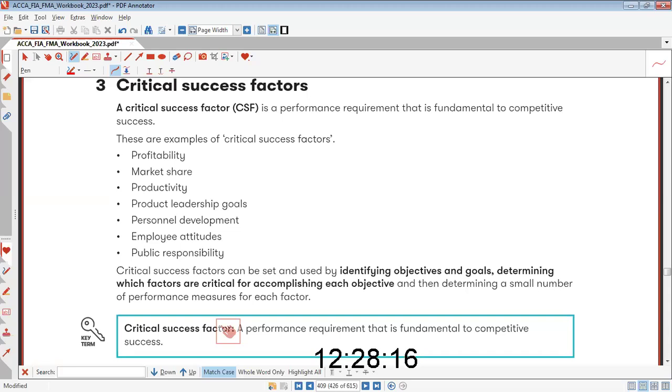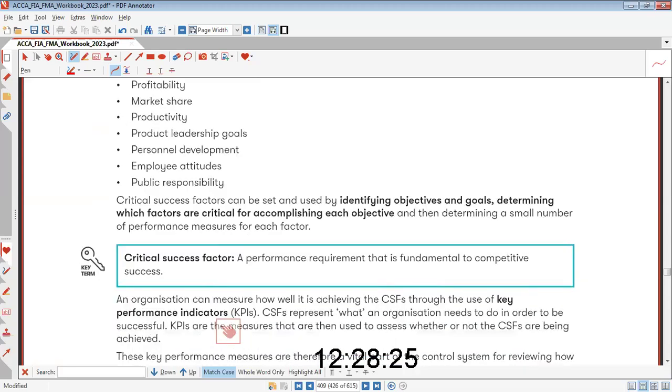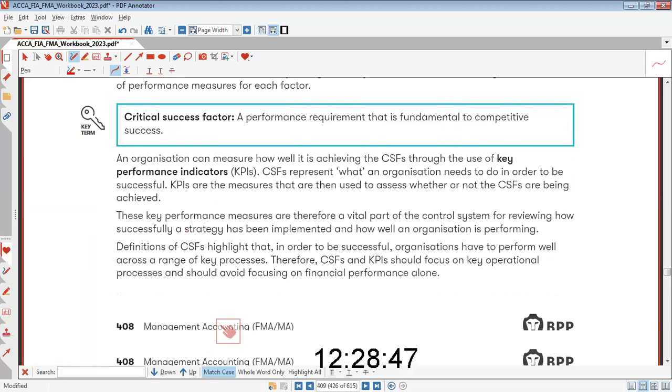For businesses, it's profitability, market share, productivity, product leadership goals, okay? Those are critical success factors. So as long as you keep getting above 50%, that means you'll be on track to become an accountant, okay? But even if you say you know how to do things, but you can't get 50%, that means you will not be on that path, okay?